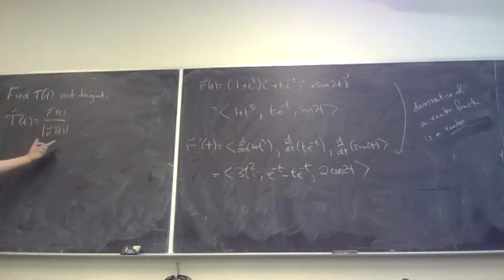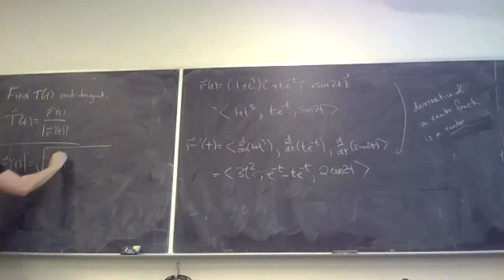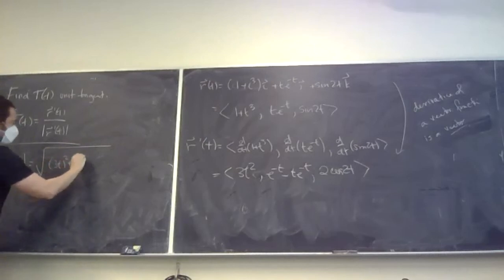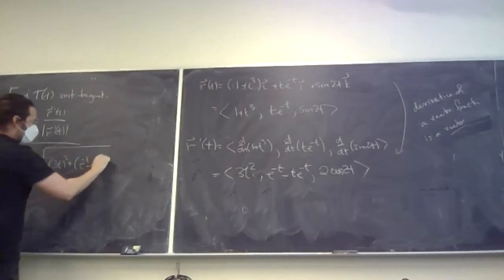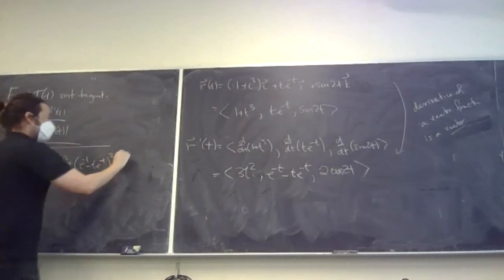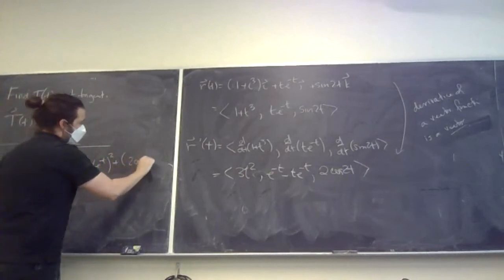So I had better be able to normalize out the length of that vector. The length of r prime of t is equal to, oh God, I've got to take the square root of these big nasty things: component 1 squared plus component 2 squared plus component 3 squared.